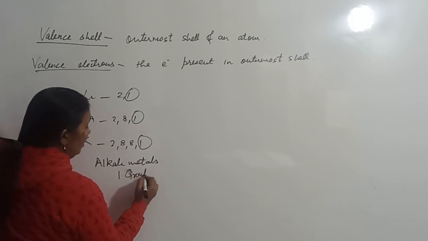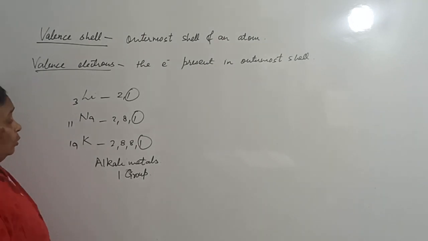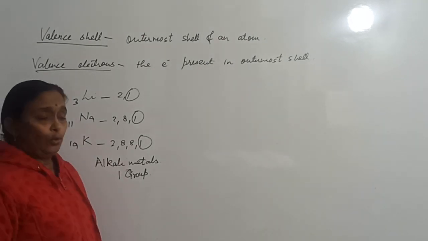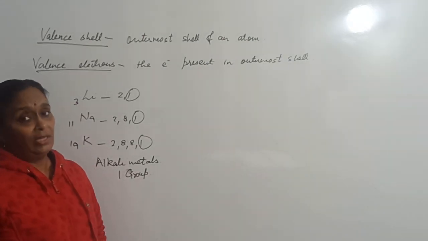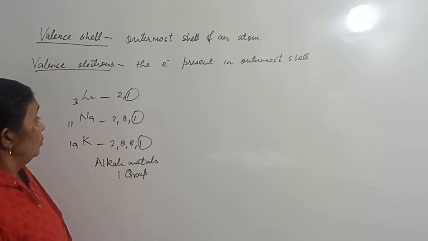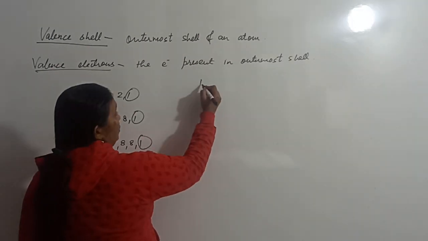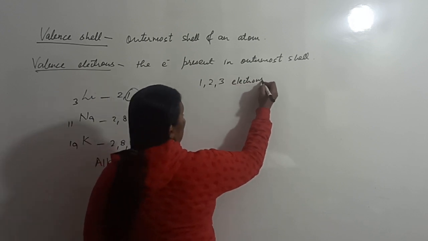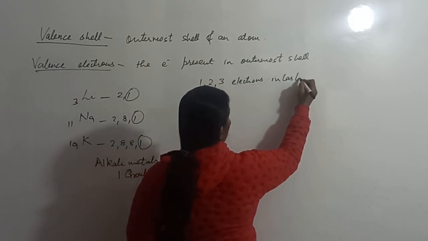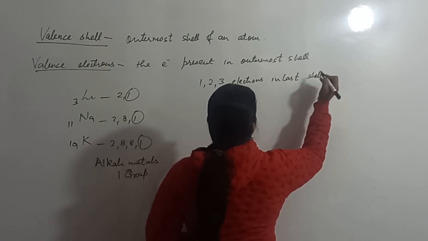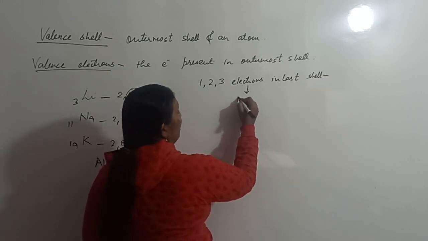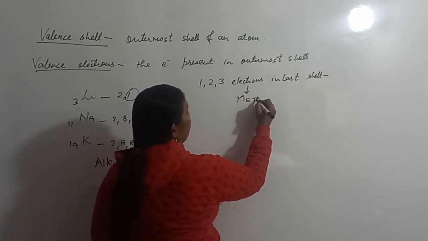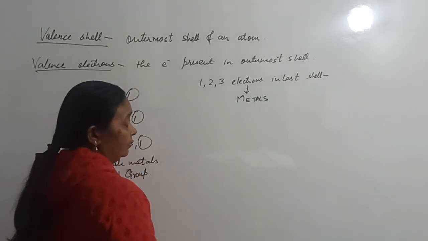All of them are in the first group. So these valence electrons decide the chemical properties of an atom. Now, if an atom has 1, 2 or 3 electrons in the last shell, then it is put in the category of metals.